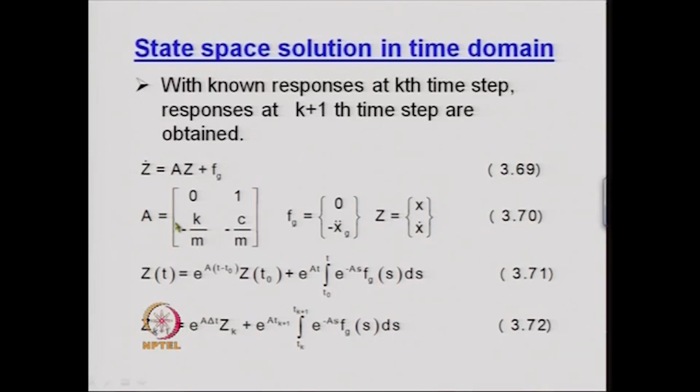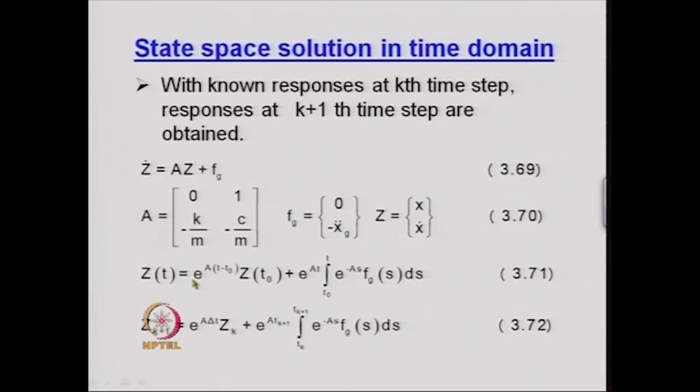Now, if you solve this equation in time, the solution turns out to be this: Z at t can be obtained provided we know the response at time t0.